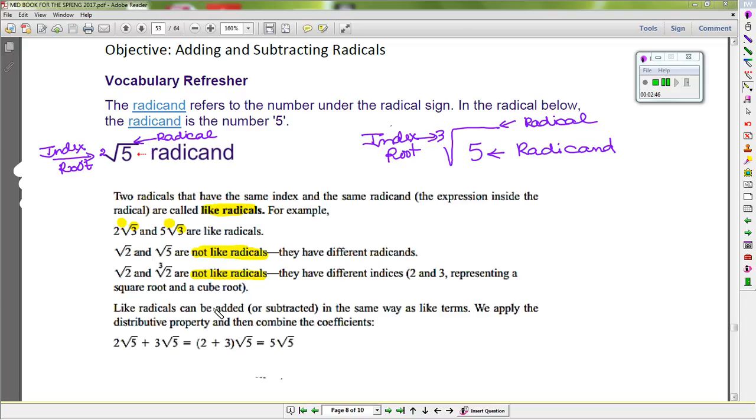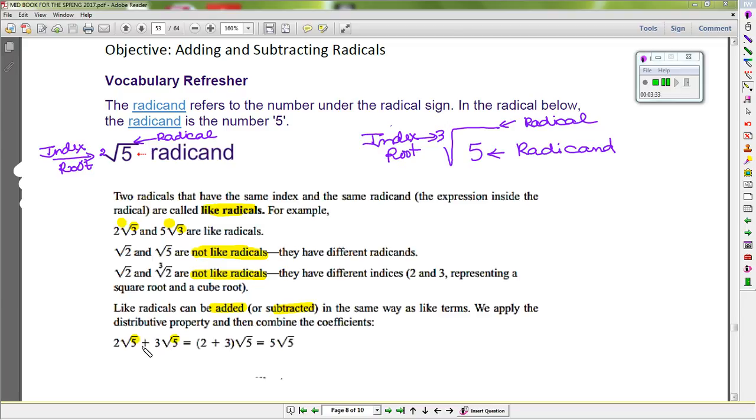So when you add or subtract two radicals, they must be like radicals. It means that they must have the same radicand and the same index. So let's look at this example here.